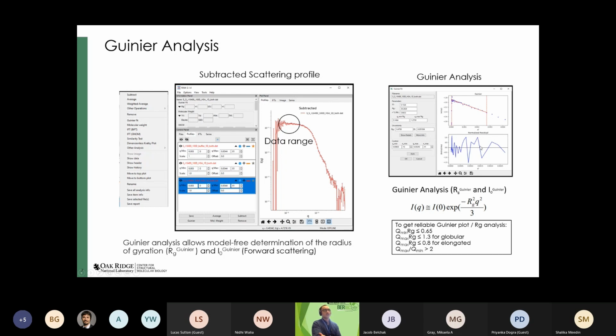And then you can say your sample is monodisperse, and you do not see signs of aggregation. What happens when you have aggregation? The shape of the curve becomes a huge smiling shape, or the upturn in the Guinier plot is very severe, like I showed yesterday during my talk.